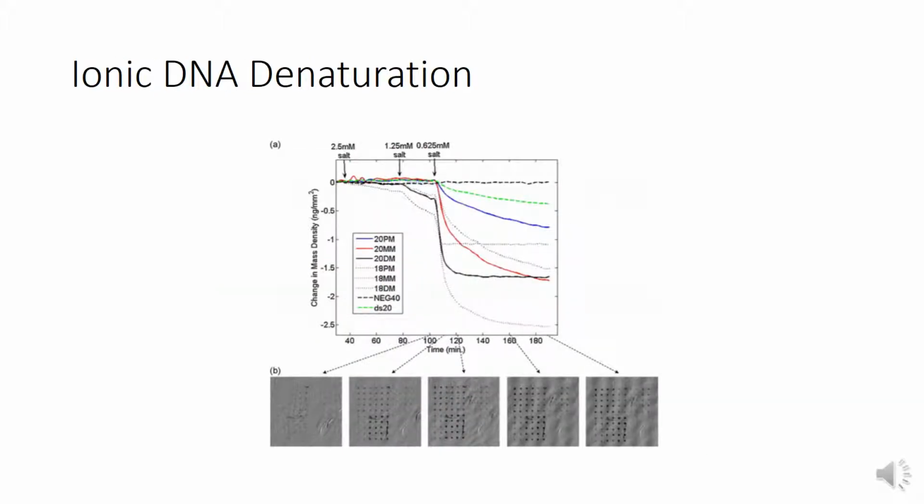The second figure in this paper is attempting to show the stability of different hybridizations through ionic denaturation kinetics.